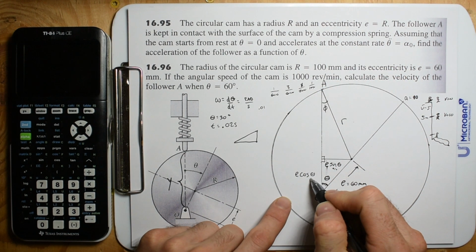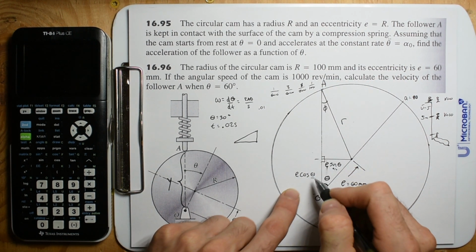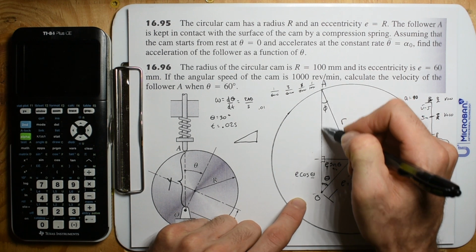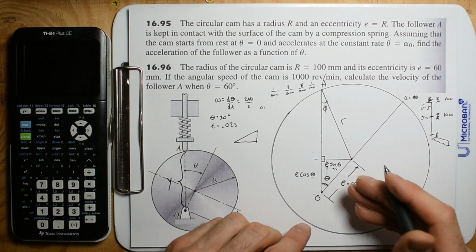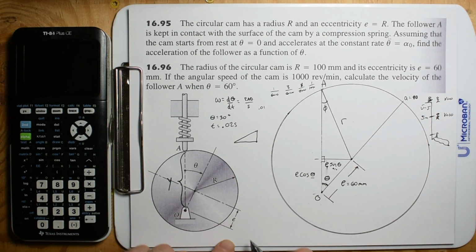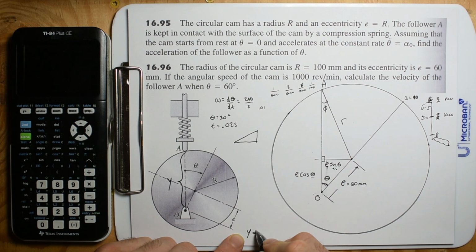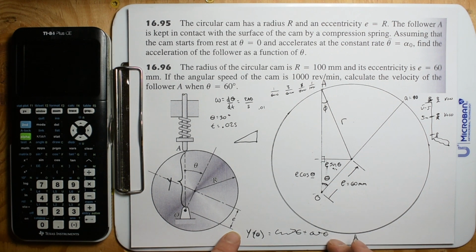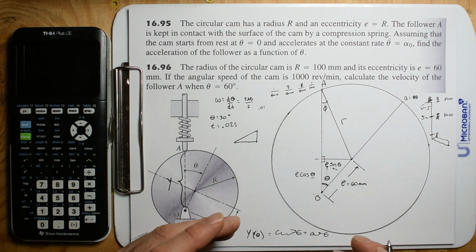We have this portion in terms of theta. We need to get this portion in terms of theta. That is ultimately what we're trying to do. We want to get y as a function of theta, which is all this stuff theta plus all this stuff theta. And then we're going to differentiate.